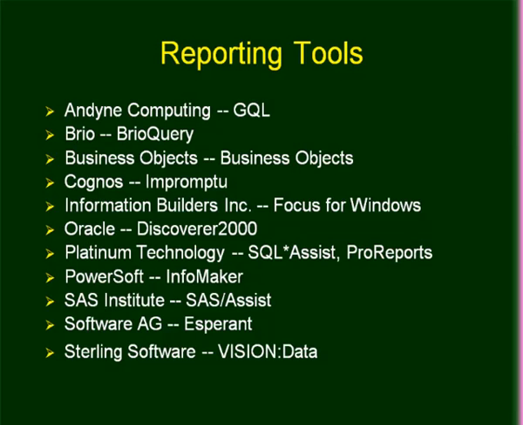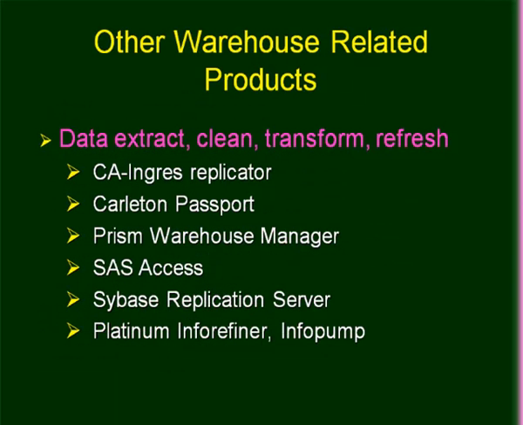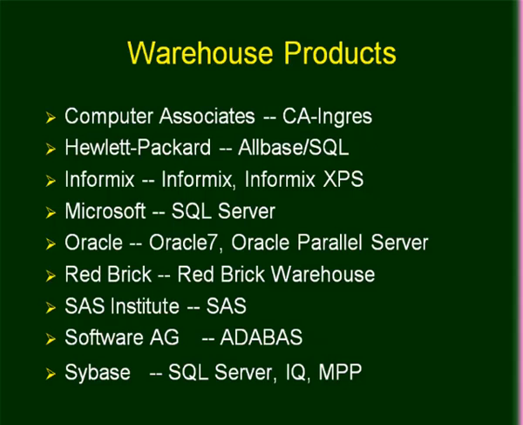So what are the reporting tools? Different kinds of reporting tools are shown on the slide: BrioQuery, Business Objects, Impromptu, Focus for Windows, Discoverer 2000, etc. These are the reporting tools. Then warehouse related products are basically used to extract the data, clean the data, transform the data, refresh the data, etc. Computer Associates Ingres Replicator, Carleton Passport, SAS Access, Sybase Replication Server, Platinum, Informatica, etc. They all belong to warehouse related products.